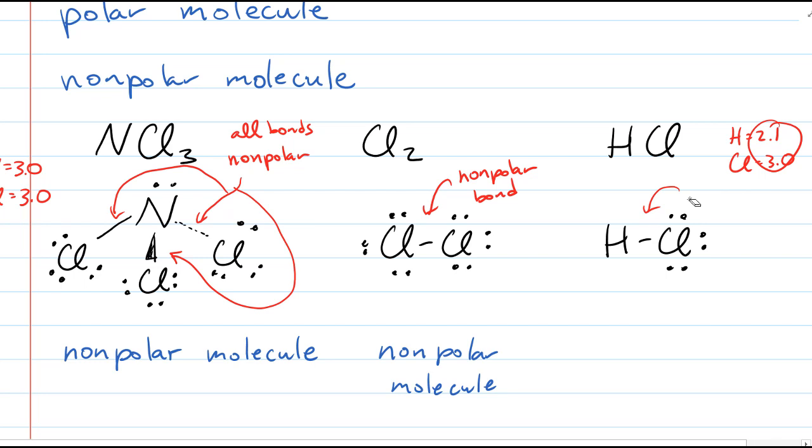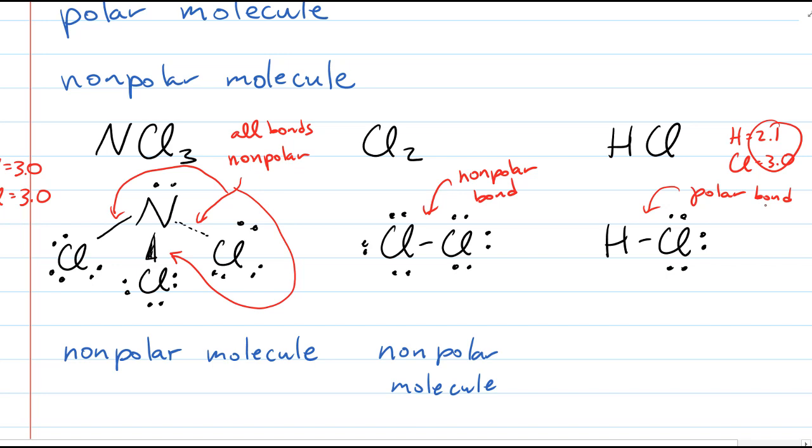Now, to determine whether the molecule is polar or nonpolar, we can look at it a couple different ways. One of the ways that's done is like this. First of all, we remember what the electronegativities mean. It means that the larger the electronegativity, the greater the attraction for shared electrons. And electrons have what type of charge?